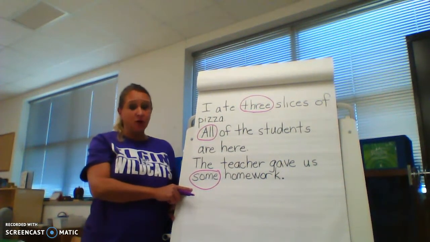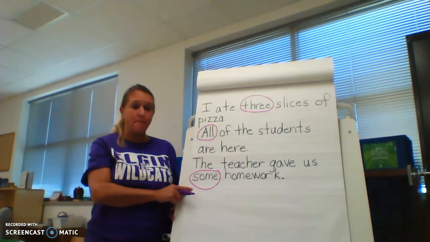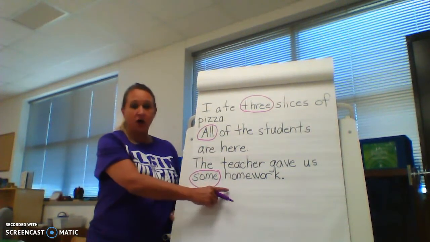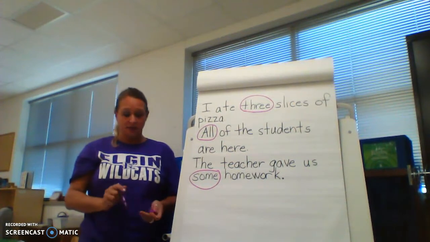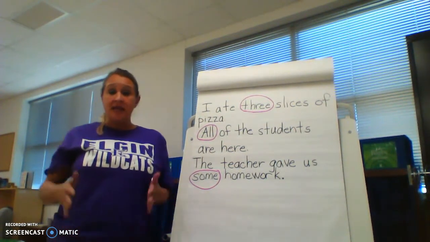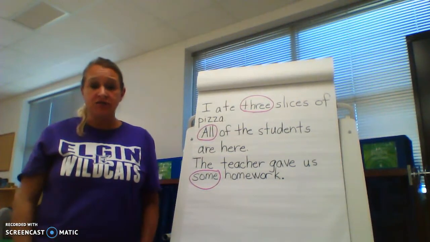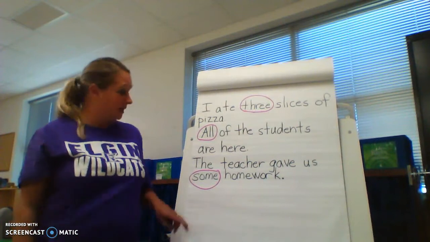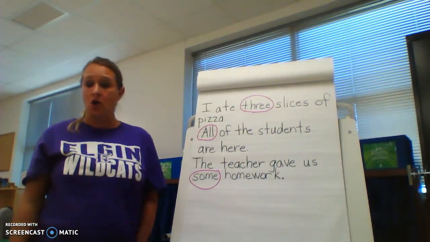It doesn't tell me a number, but it tells me how much or how many of the homework the teacher gave us. Okay, so an adjective for quantity tells you how many or how much. It's not just a number, okay? It can be a number, but it can also be some or all.